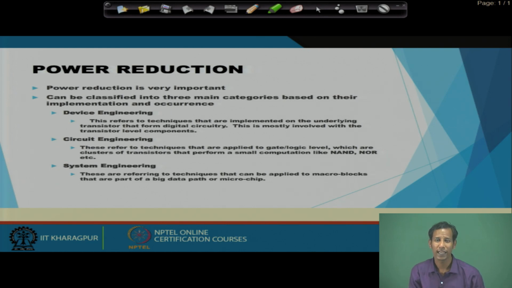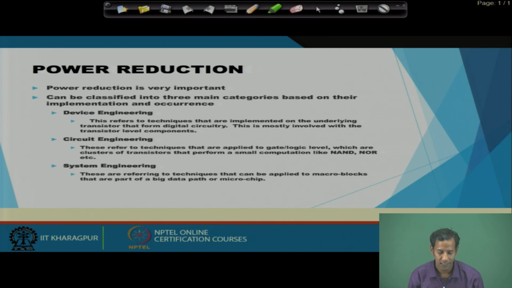So if you can improve the device performance, you can achieve the low power, that means the leakage power reduction. Not only leakage power, the switching power also you can reduce while working with device level engineering.